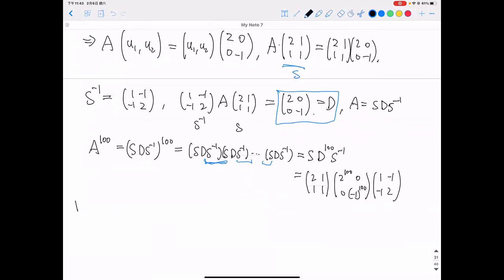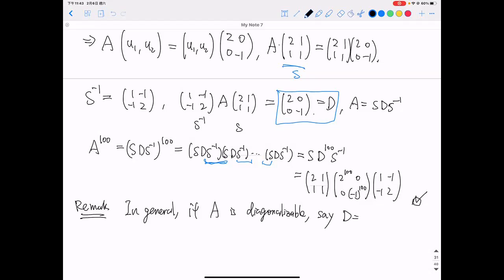But this is a point worth making, that in general, if A is diagonalizable, say D is S inverse A S, then you can check by the same argument that the k-th power of D is the same as S inverse A to the k-th power S. So if you are to compute the k-th power of A, you can do it from here.